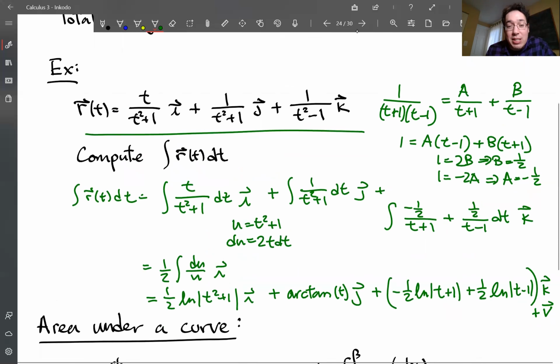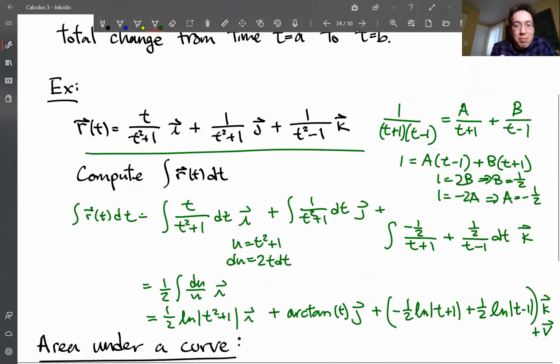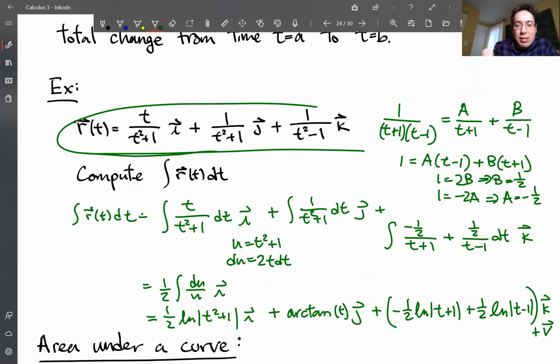Okay, so that's the antiderivative of this particular vector function. And if I wanted to compute displacement, I'd plug in t equals the b value and then subtract what you get when you plug in t equals the a value, just like we do with a regular definite integral problem.